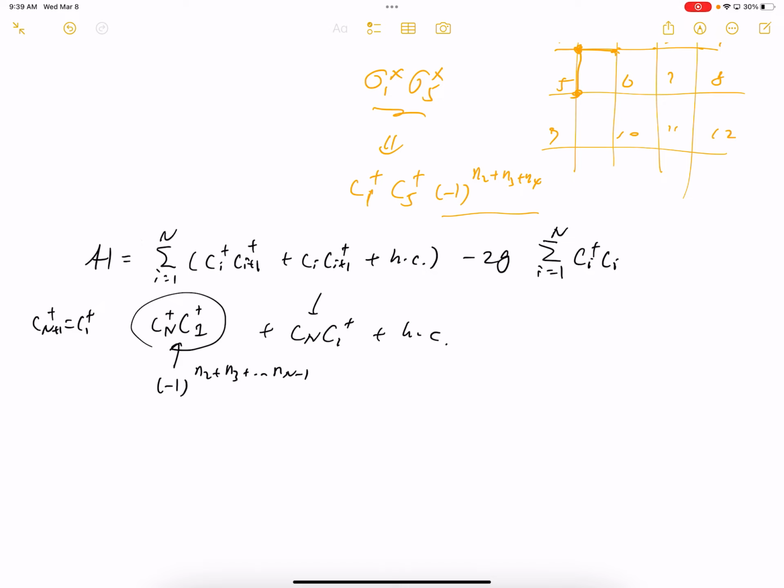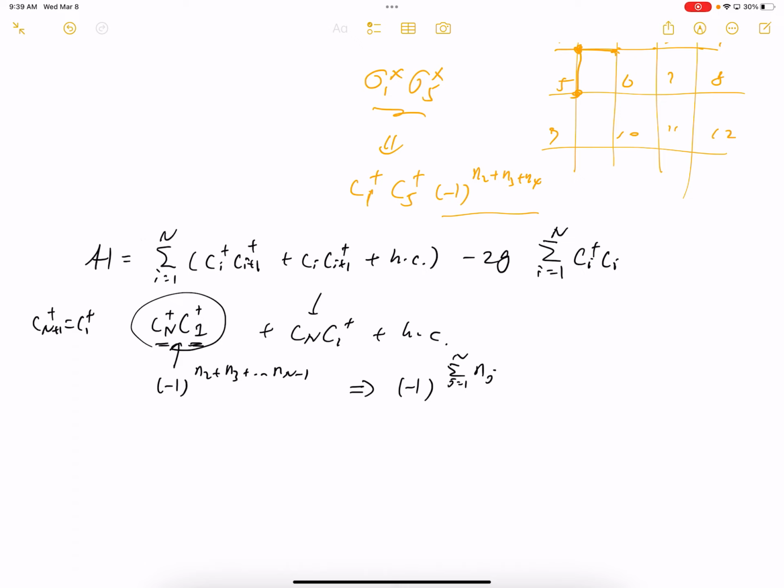And there are some tricks you can play with this. First you notice that because there's always a C_1 dagger on the left, this summation can actually be reduced to just (-1) to the total number of particles. The reason for that is you're always creating two particles at sites 1 and n.